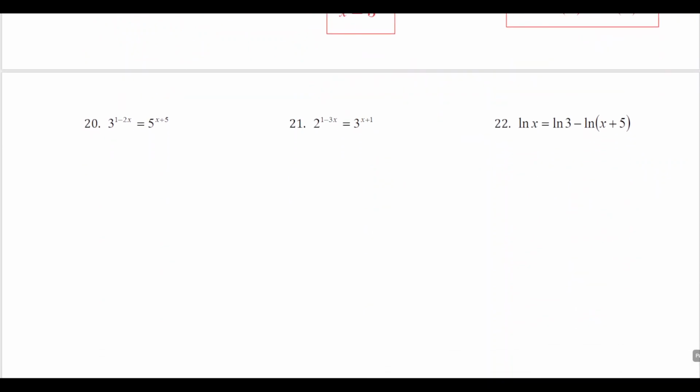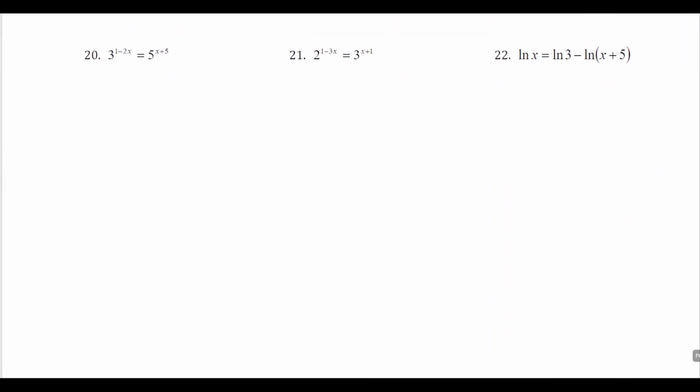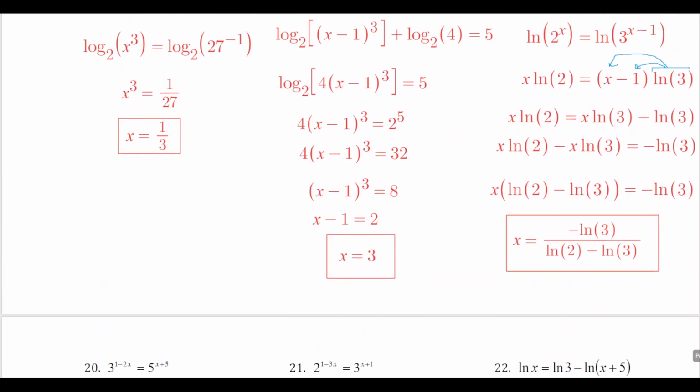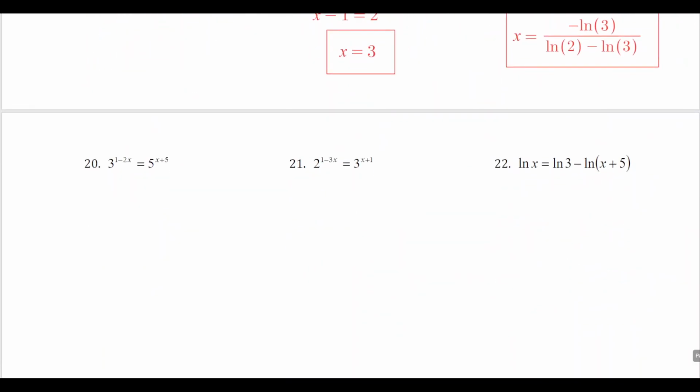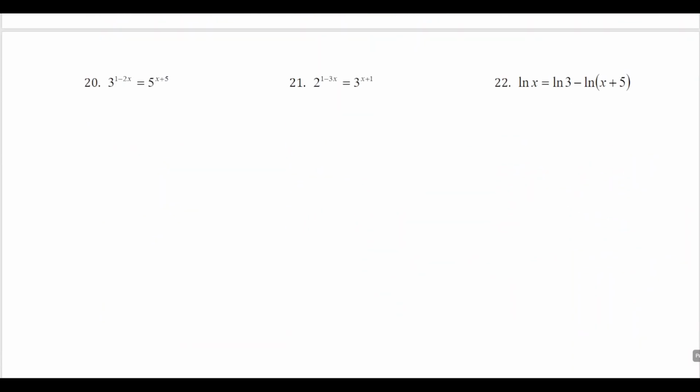Number 20, we're going to solve this basically the same way as number 19. And 21 looks like it's going to have a similar strategy. So we're going to take the natural log of both sides. So we'll have the natural log of 3 to the power of 1 minus 2x equals the natural log of 5 to the power of x plus 5.